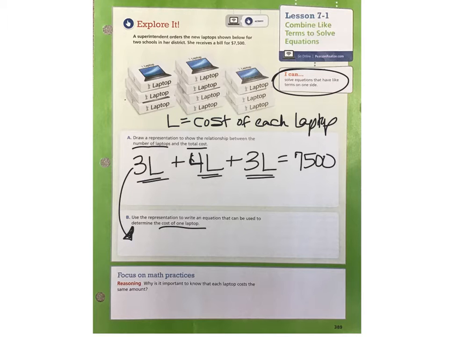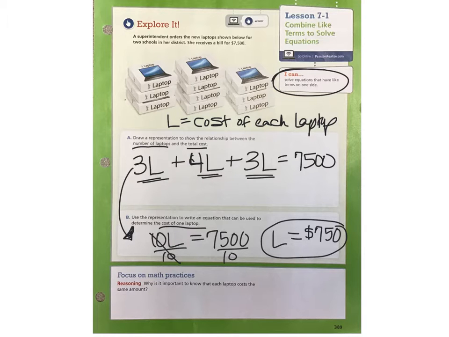In this case, you have 10 laptops, and that has to equal a total of $7,500. We assume that all the laptops are the same, and we assume that each one of them has the same cost. So we would then divide both sides of that equation by 10 in order to understand that each laptop must have been $750.